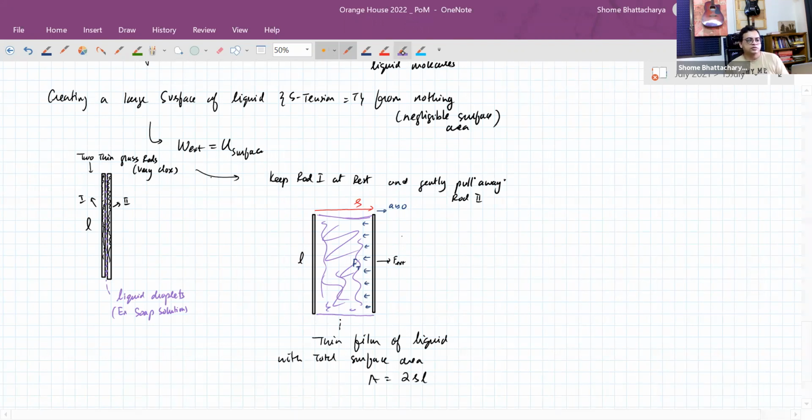Okay, because, you know, 3-dimensionally, it's a sheet of liquid whose thickness we cannot ignore. So it's got 2 surfaces, the glass rods being present on either side like this.